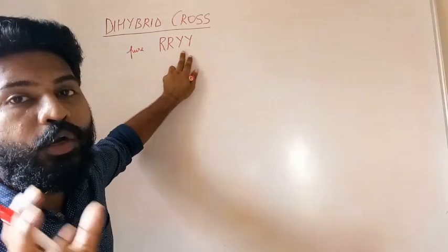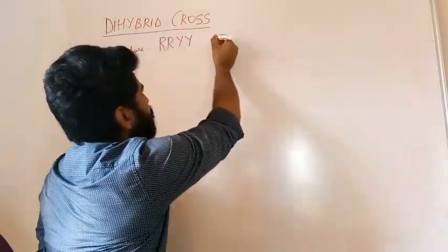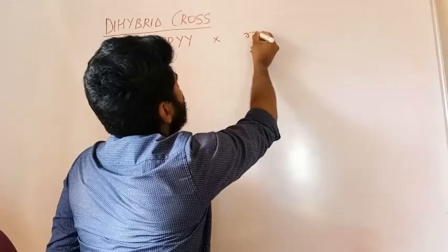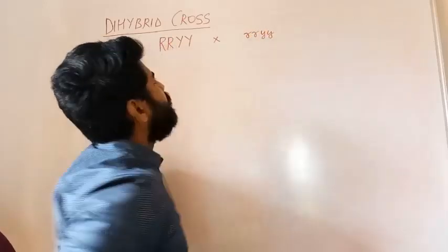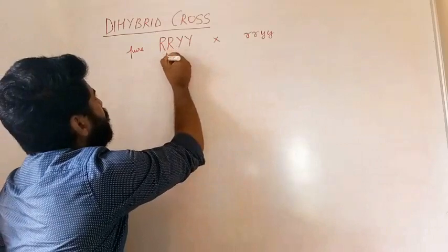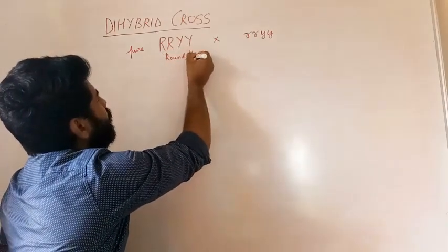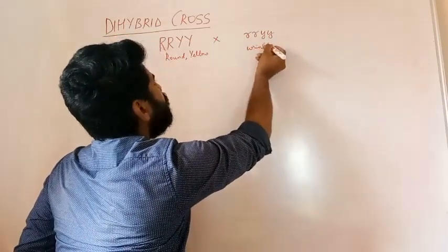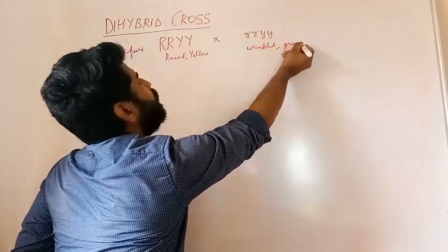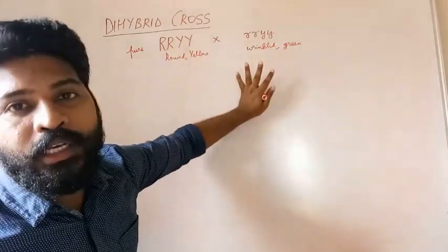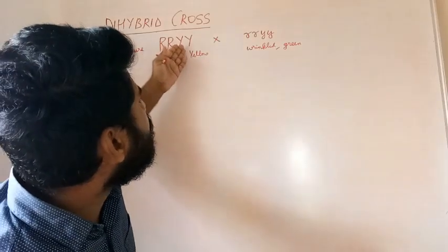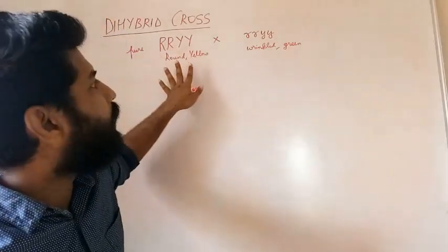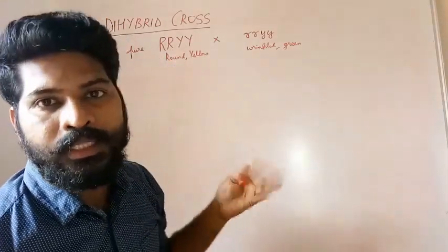Round and yellow are dominant, and he has crossed this with another plant which is also pure, but it has wrinkled and green seeds. So that is the parent, round yellow plants and wrinkled green plants. You can use any combination that you want. You can take round green and wrinkled yellow as well. Whatever trait that you take, the result will be exactly the same.